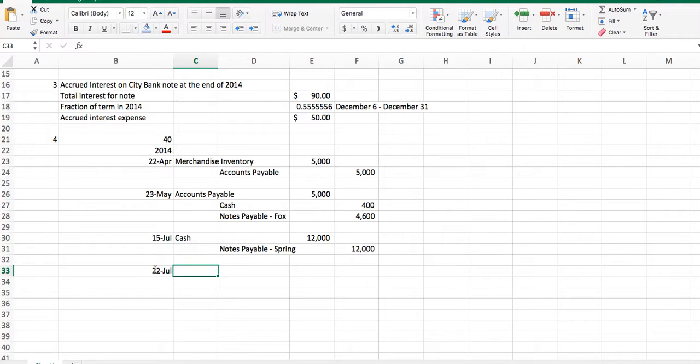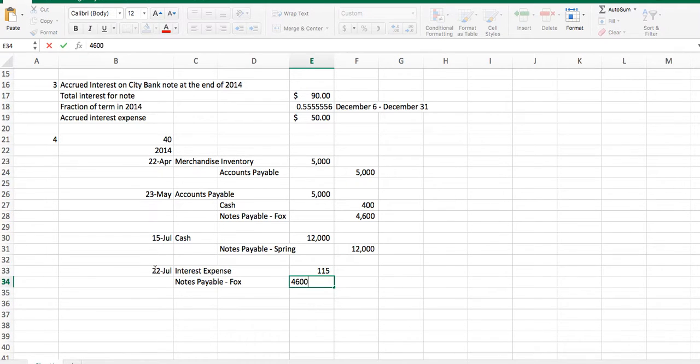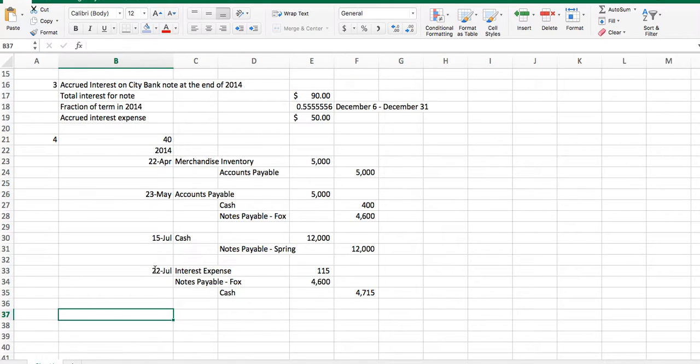Then on the 22nd, the note came due to Fox, and we paid that. We had interest expense, which we calculated earlier. We debit the notes payable for Fox so we can decrease that so that it no longer shows up on the books, and then cash went out to pay off that note of $4,715.